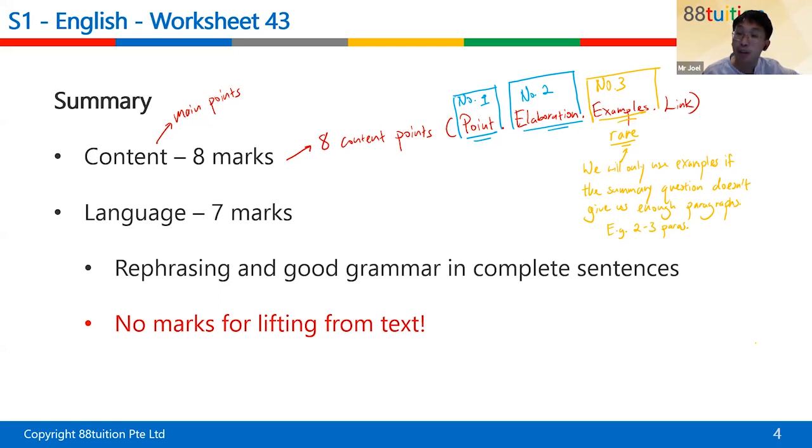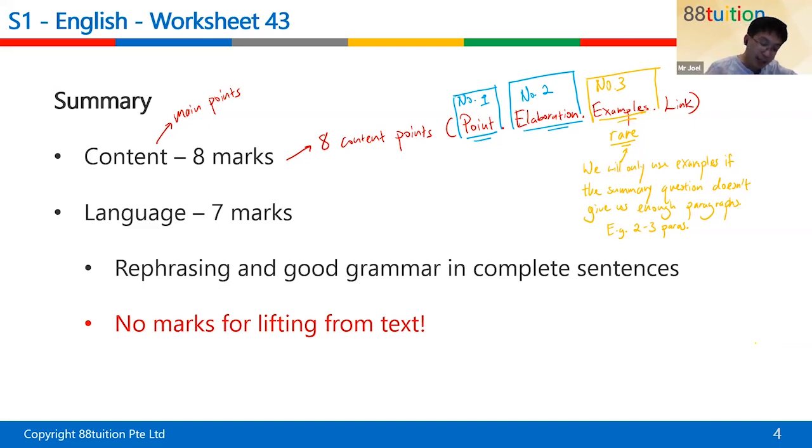And then what happens? You're desperate. You can't find the main points to use. You don't have enough main points to use. Even if you have used the elaborations already, you still don't have enough to make up 8. So where are you going to find your number 7 and your number 8 point? No choice. You have to use the examples as part of your summary writing. I'll show you what I mean later. Just keep this in mind first.